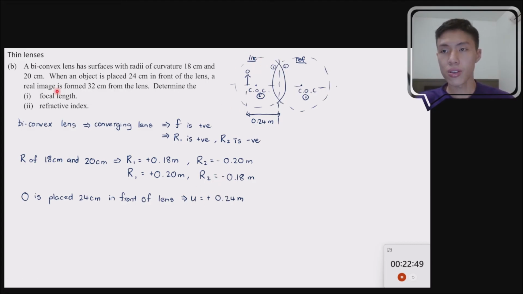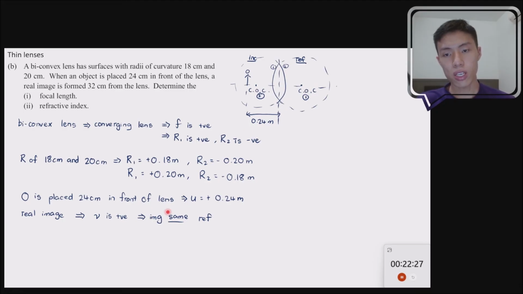A real image is formed 32 cm from the lens. So if they say it's a real image, it carries two meanings. One, V is positive, or in other words, your image is at the same side as the refracted ray.